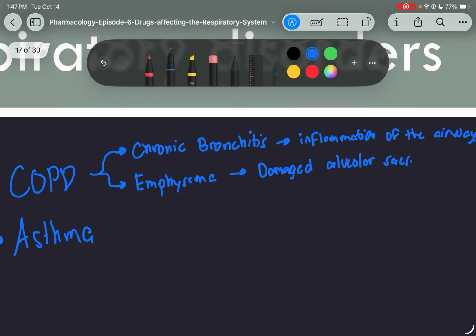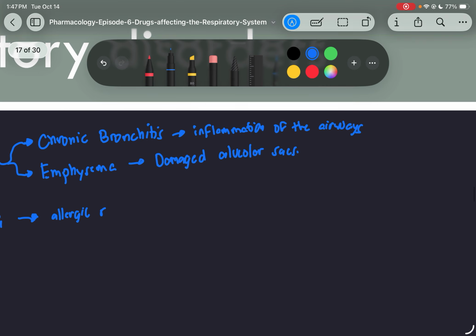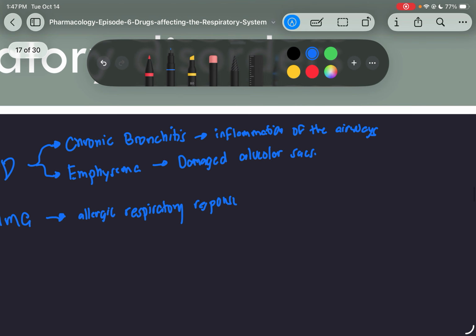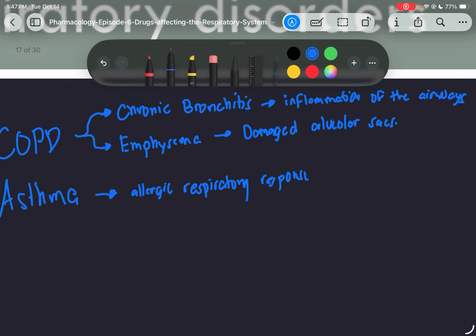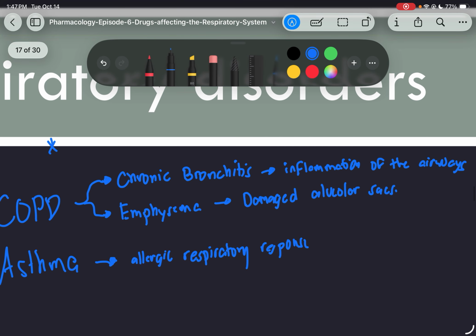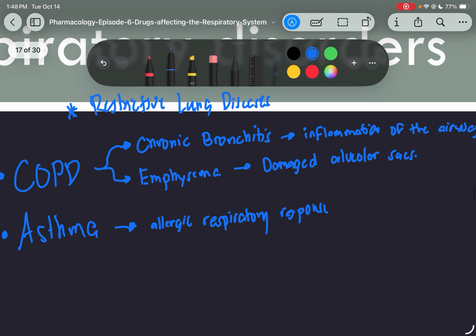Now, another thing, asthma class, this is an allergic respiratory response. Typically, in asthma, since these are what we call restrictive lung diseases, what happens is there will be constriction of the airway.